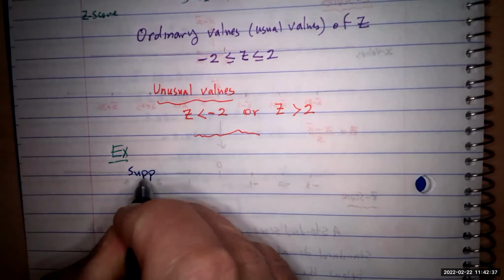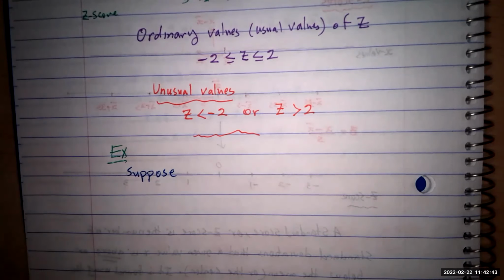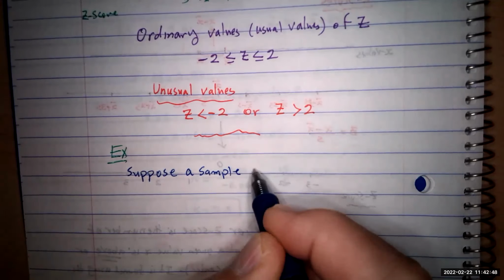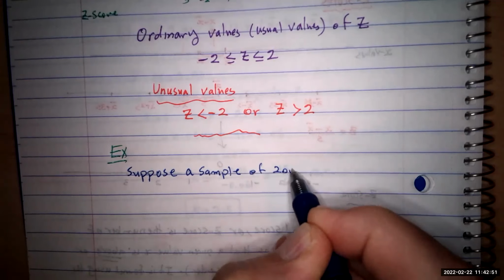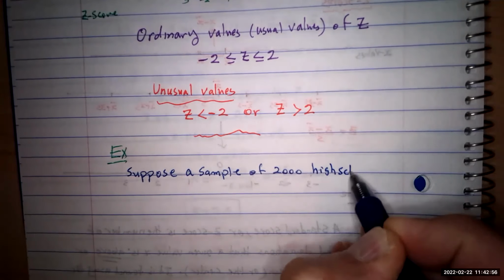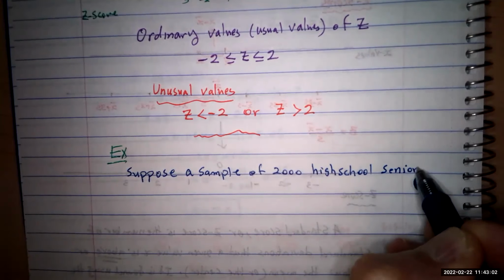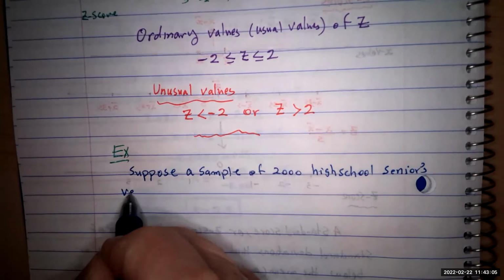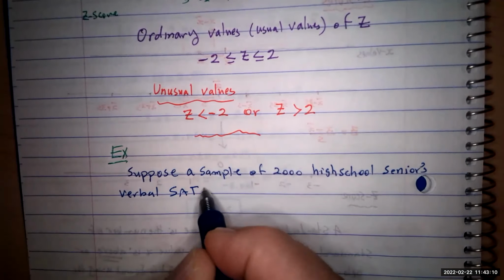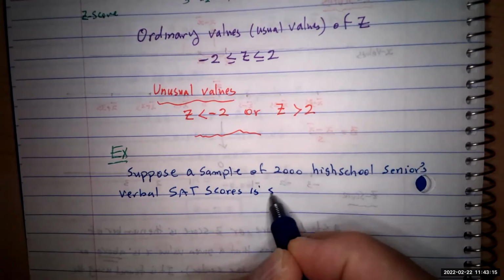So suppose a sample of 2000 high school seniors' verbal SAT scores is selected.